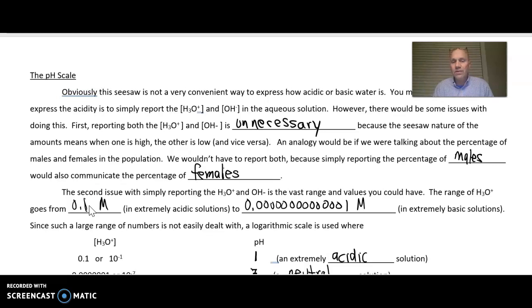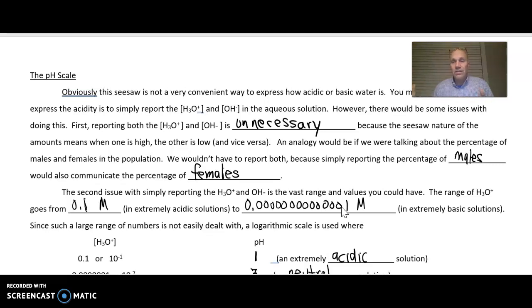But the difference here between a high H3O plus concentration would be about 0.1 molar. Low would be this number right here. That's a decimal, and then it's got 13 zeros before you finally get to that 1. That is a huge range. That is about a 10 to the 14th.